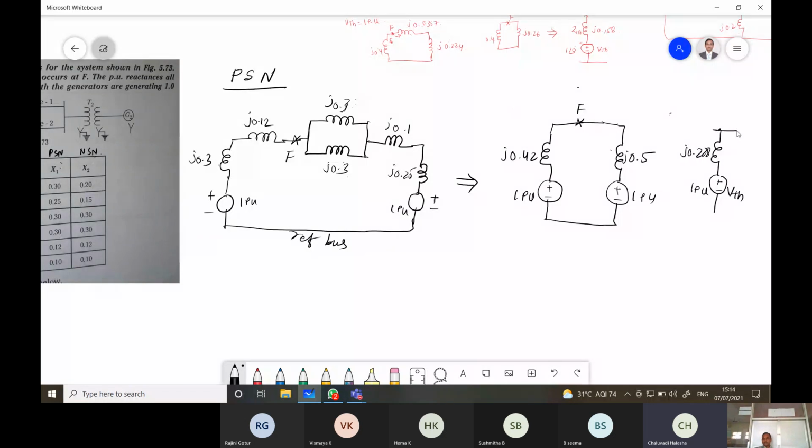So this is where the fault occurred, and this is the reference. This is the Thevenin equivalent of the positive sequence network. VTH is in series with Z1TH. So now draw the negative sequence network.